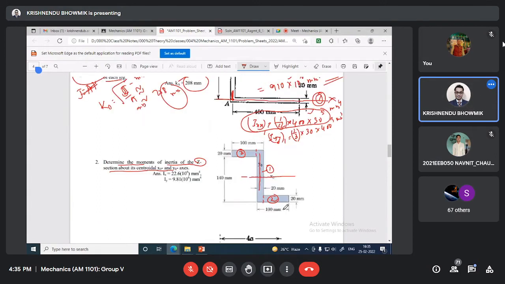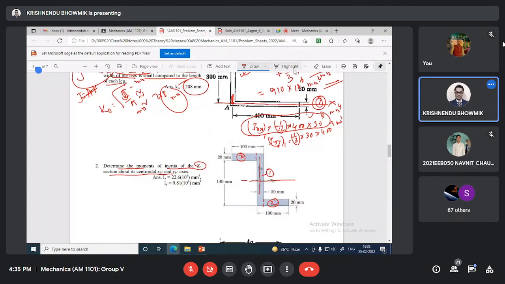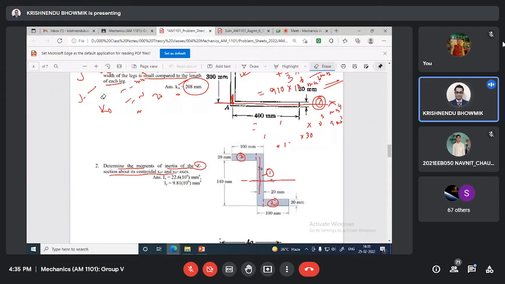Now, let me erase it. Some space is required. I'm giving hints for the exam. If I ask, you have to elaborately solve this, and you can expect one compulsory question.